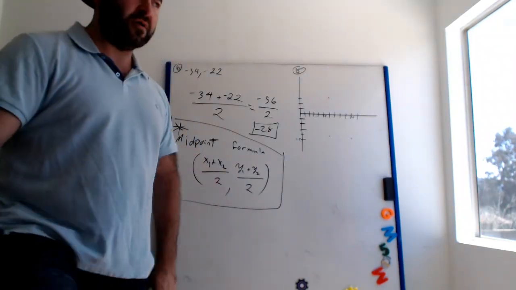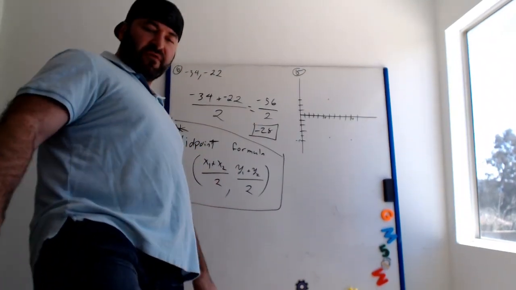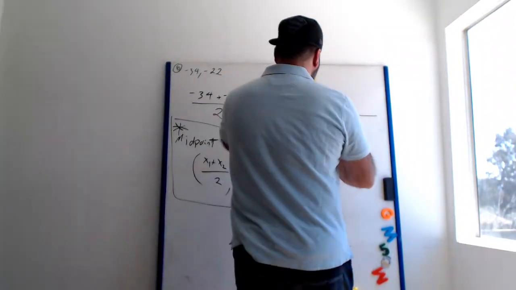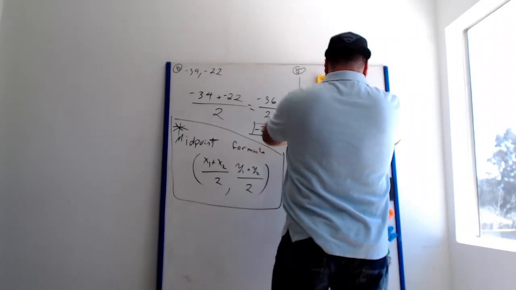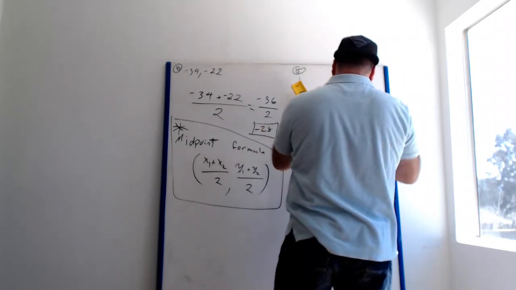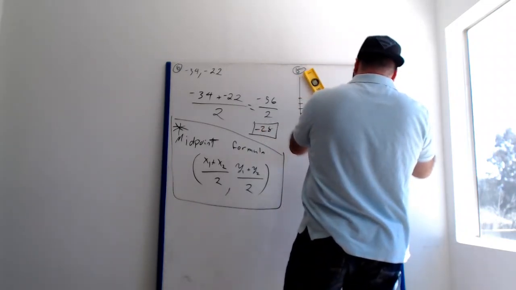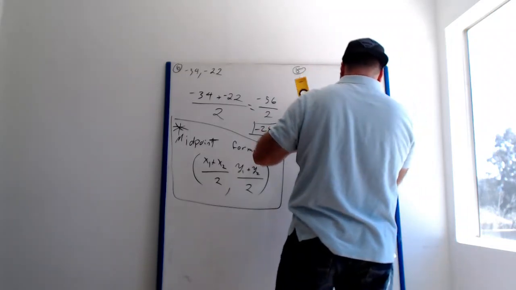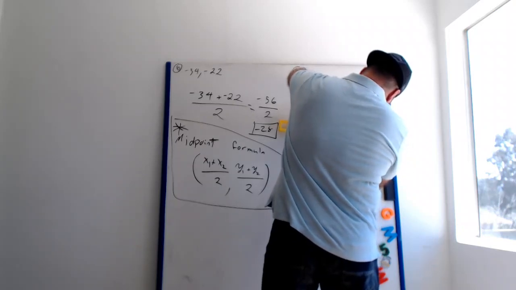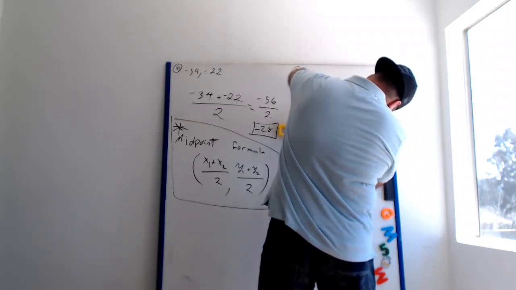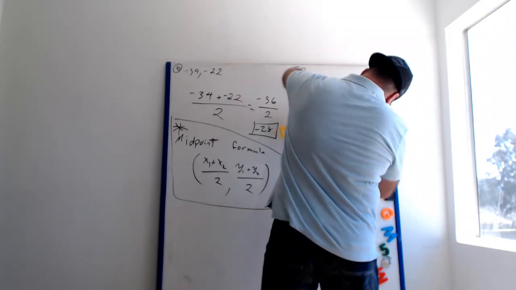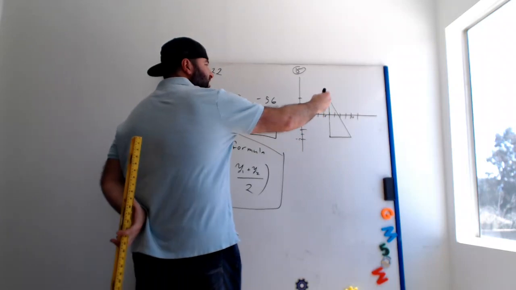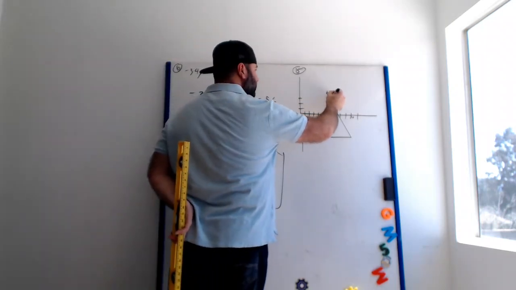Now let's go over number 15. Let me just connect the lines. The coordinates we have: this top coordinate is positive 6, positive 3.